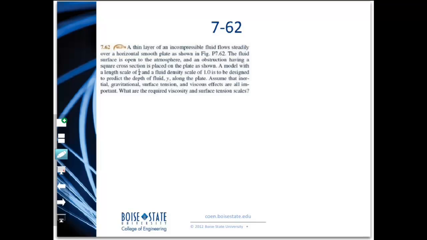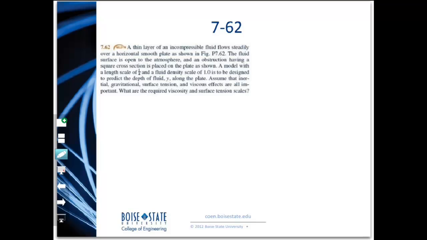A model with a length scale of 1 over 4 and a fluid density scale of 1 is to be designed to predict the depth of fluid y along the plate. You're asked to assume that inertial, gravitational, surface tension, and viscous effects are all important. What are the required viscosity and surface tension scales?